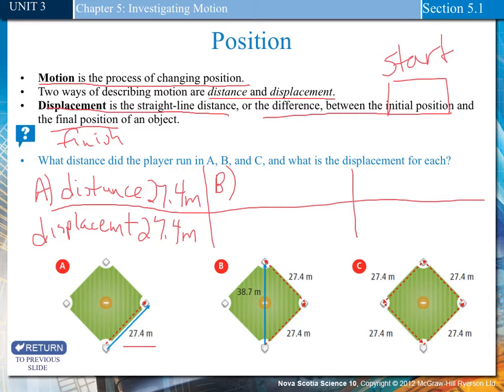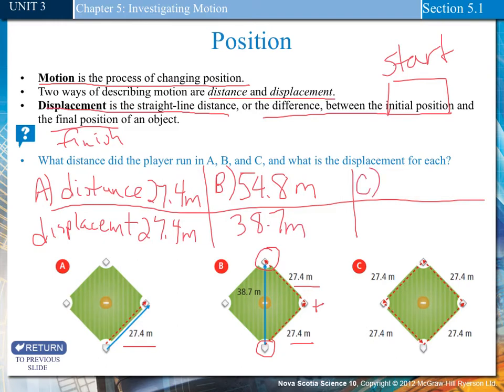B. Here we have a distance where I need to add my 27.4 plus my 27.4. So my distance here is 54.8 meters. My displacement, however, is the distance from my starting point to my finish point. So this would be 38.7 meters.